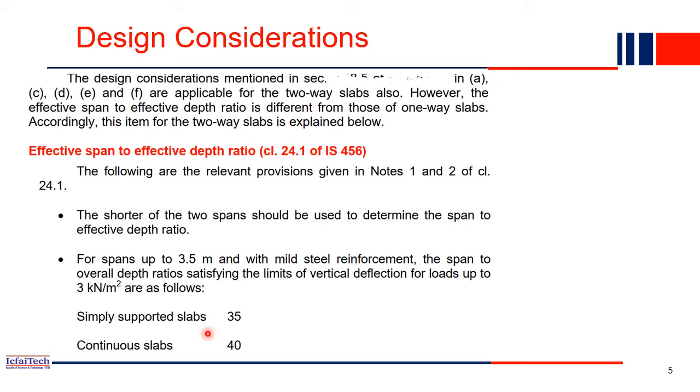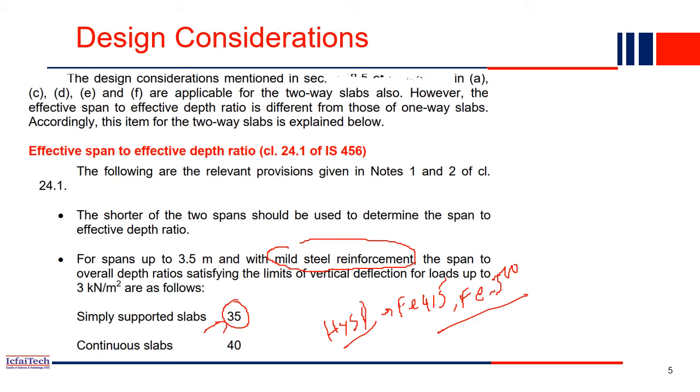But if you are using HYSD bars, for example Fe 415 or Fe 500, then whatever value you get has to be multiplied by a coefficient of 0.8, and that value is used in the case of HYSD bars.